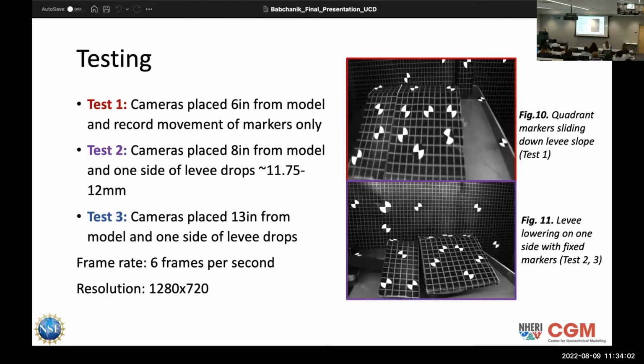And test 2 was closer, while test 3 was farther. And additionally, the markers were fixed on the levee for test 2 and 3. But in reality, when the levee is lowering, the markers will most likely move in their own directions and not stay fixed on the exact same spot. Also, all tests had 6 frames per second and the resolution of 1280 by 720.